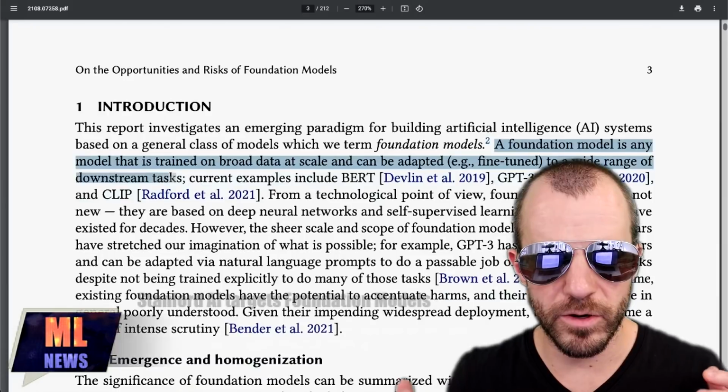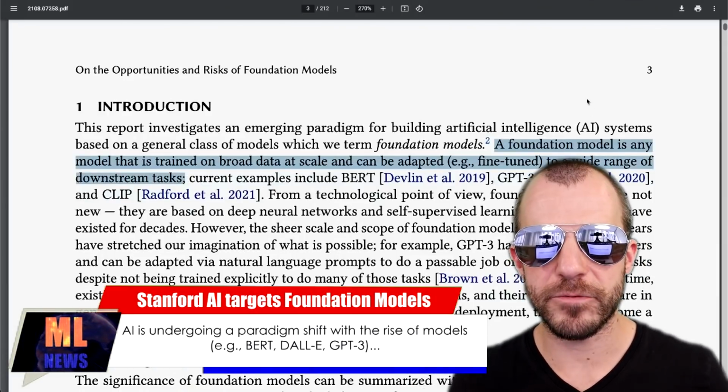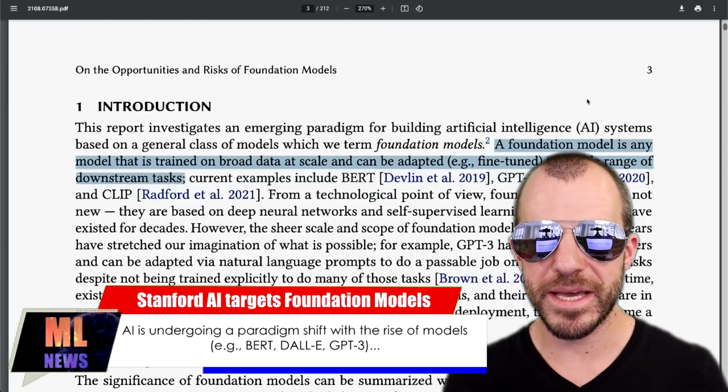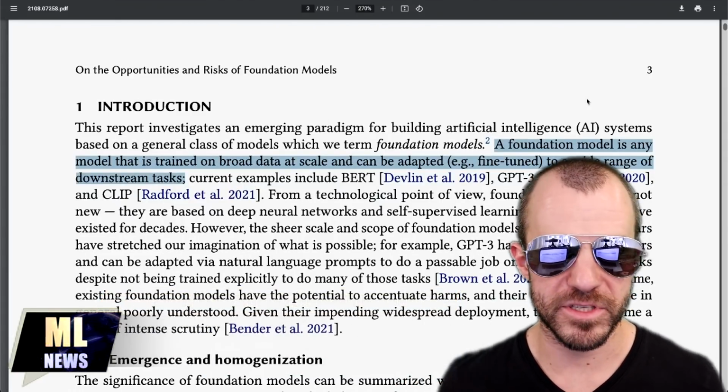On what, you might ask? Well, foundation models. Foundation models is this paper's framing of models that are kind of large and pre-trained on large data and transfer learned, so essentially think BERT, GPT-3, CLIP, which they also state in the text. They say a foundation model is any model that is trained on broad data at scale and can be adapted to a wide range of downstream tasks.